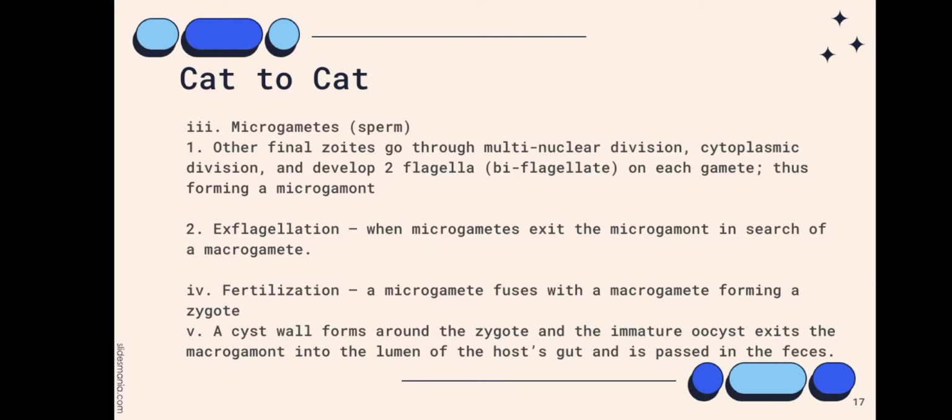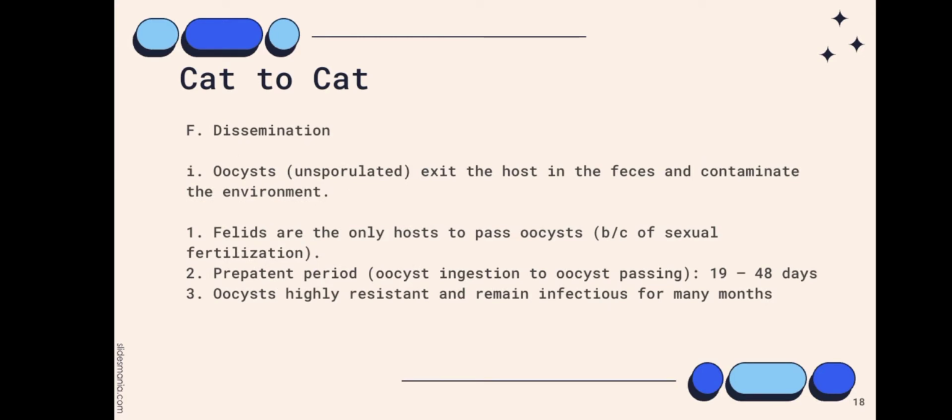Next, a cyst wall forms around the zygote, and the immature oocyst exits the enterocyte into the lumen of the host gut and is passed in the feces. Next is the dissemination. Unsporulated oocysts exit the host in the feces and contaminate the environment.